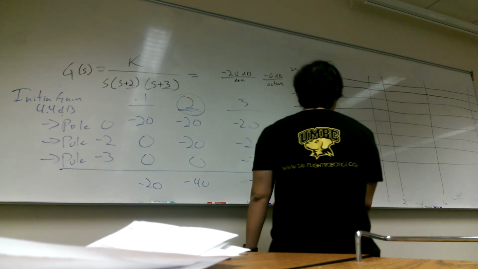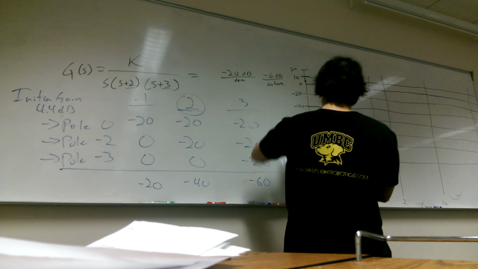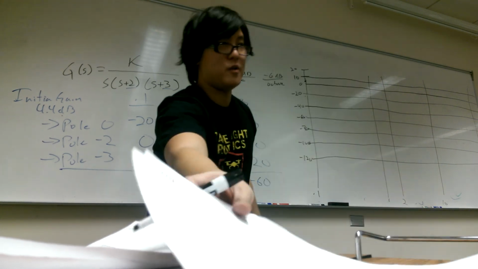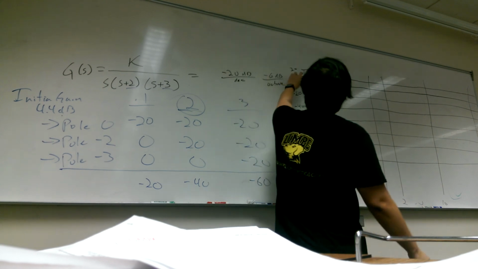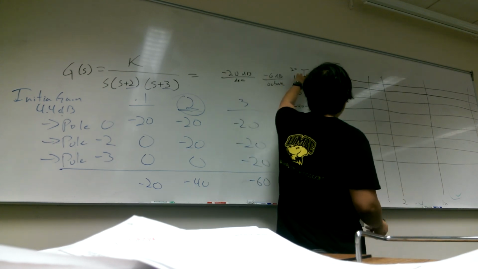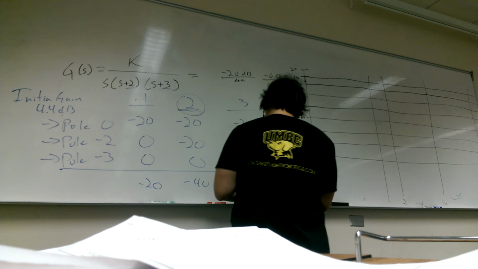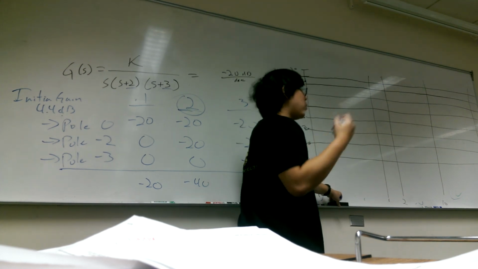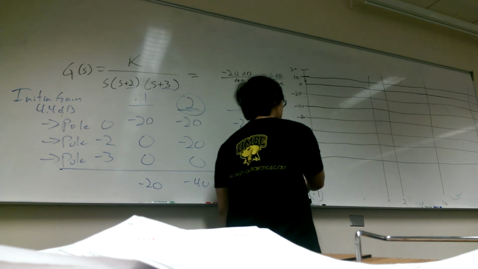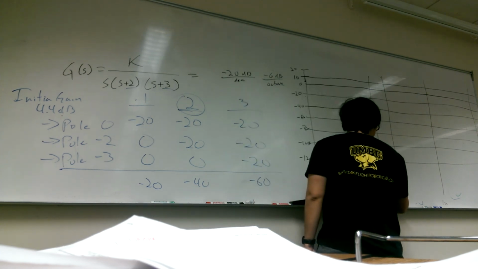So I'm showing you how I do it, but don't stress out too much about this. It's 20 dB per decade, right? We start at 0.1. So what is 1 decade from 0.1? It's 1, 10 times. So it'll be over here.